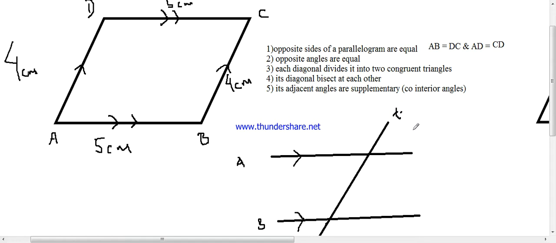This angle, let's say angle X, is equal to this angle. Both angles are equal. Why? Because they are called interior alternate angles.